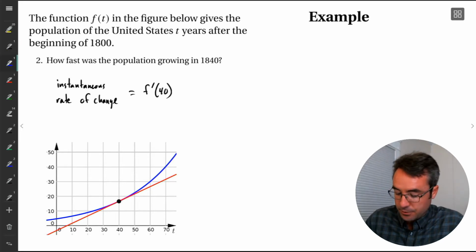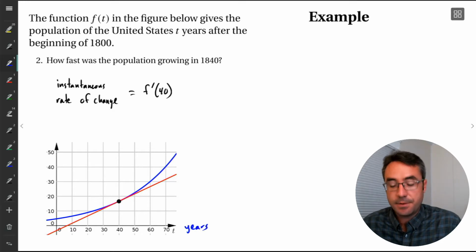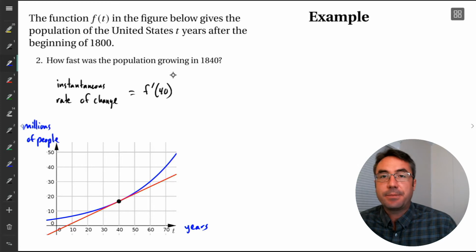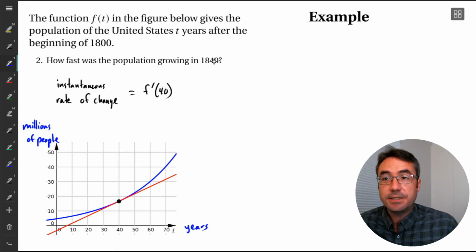Remember, we're measuring time in years after 1800, and then our vertical axis is in millions of people. So we want to know how fast the population is growing in the year 1840. So that's an instantaneous rate of change, and so it's equal to the derivative where we plug in our appropriate time value here.